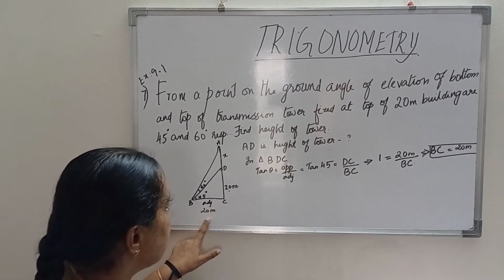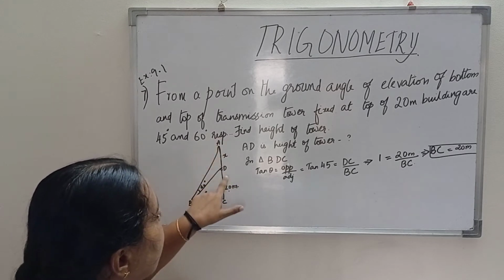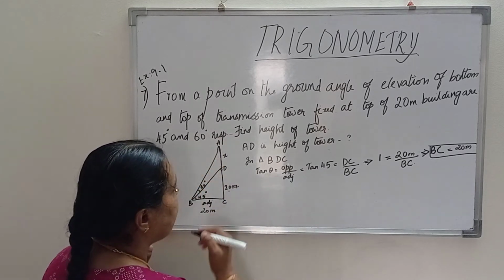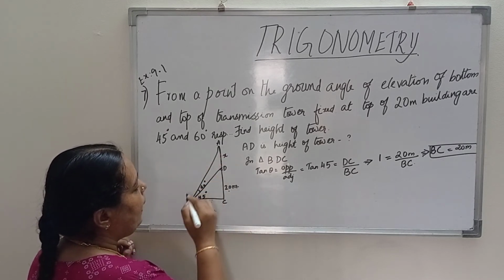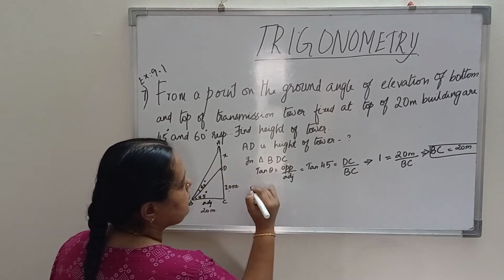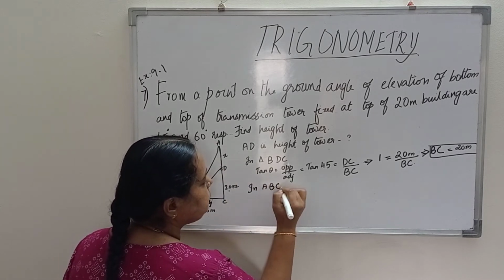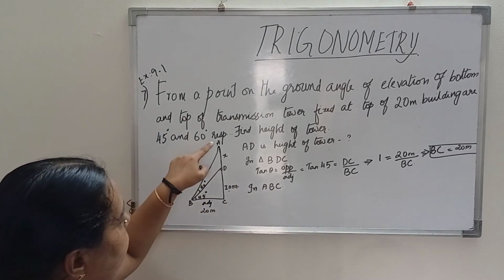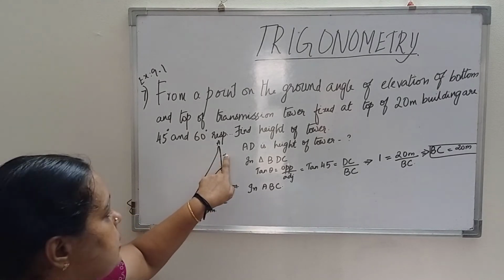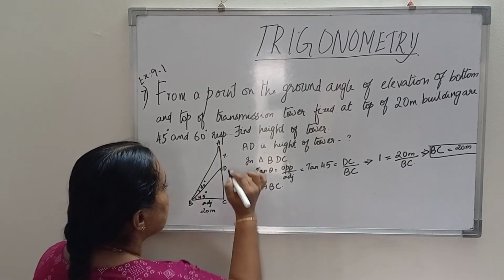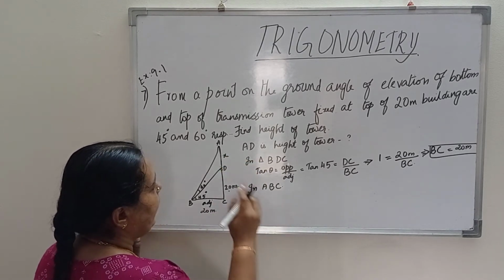Now we have BC as 20 meters and DC also 20 meters. We have to find the height of the tower, that is AD. So let's take the next triangle, ABC. In triangle ABC, again the side we require is the opposite side, and we have the adjacent side, so we will use tan in this case also.